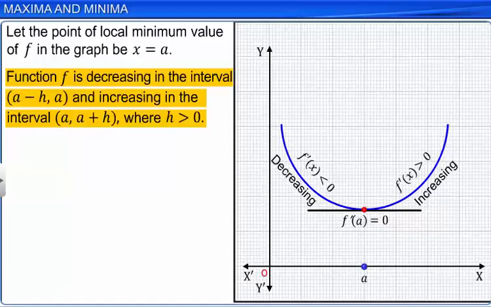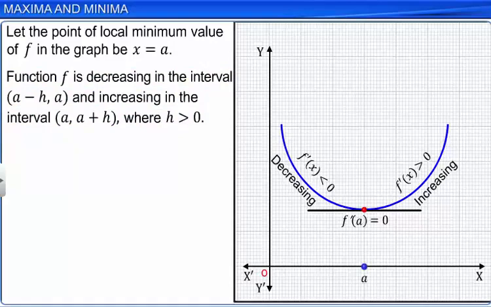This means that the derivative of f towards the left of a is less than 0, and the derivative of f towards the right of a is greater than 0. Therefore, the derivative of f at point a is equal to 0.